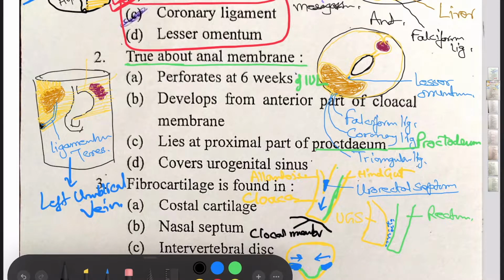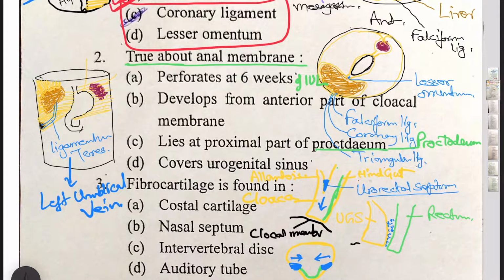And as I told you before, this cloacal membrane was here like this, and a ridge developed and it splits into two. Now the cloacal membrane is also going to split into two. This portion, onto the portion of the primitive urogenital sinus, which is resting onto the anterior portion of the cloacal membrane, is called urogenital membrane.